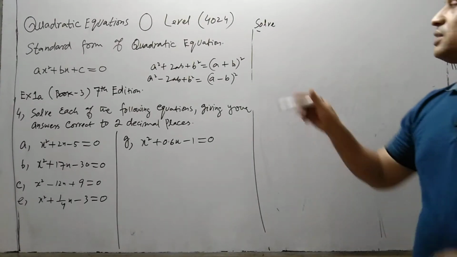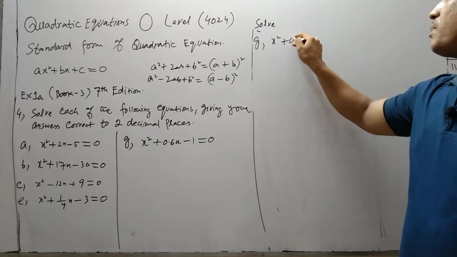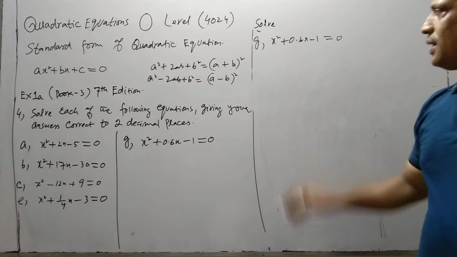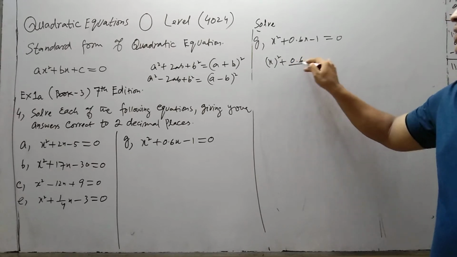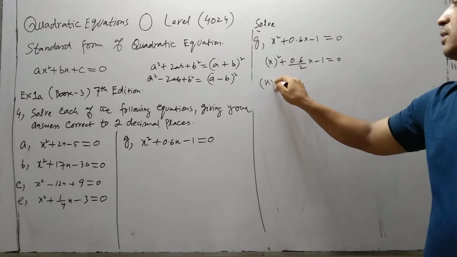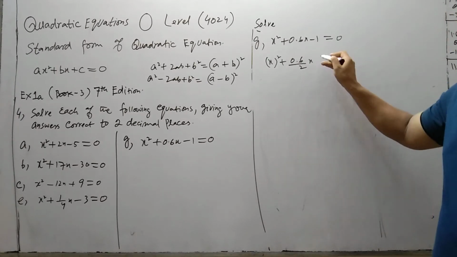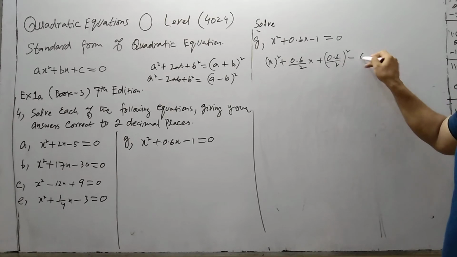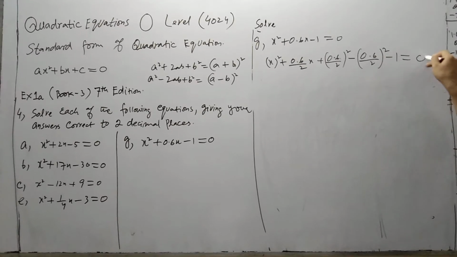Next part is part G. x² + 0.6x − 1 = 0. Same, square of the first number, divide the coefficient of x by 2, then (0.6/2)² − (0.6/2)² − 1 = 0.